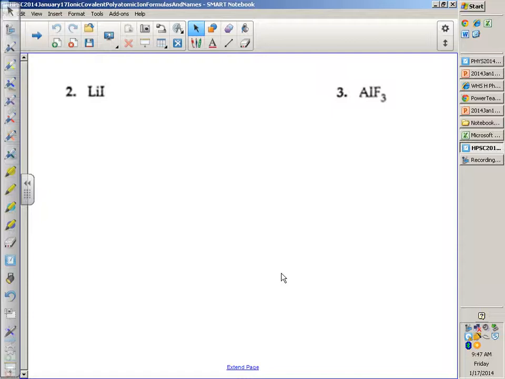Yeah, because I think so. It's like right. That's an A, oh, that's an L. Aluminum trifluoride. Right? Well, that's right. All right.